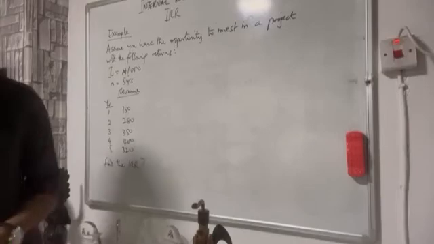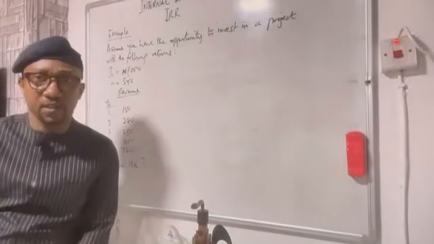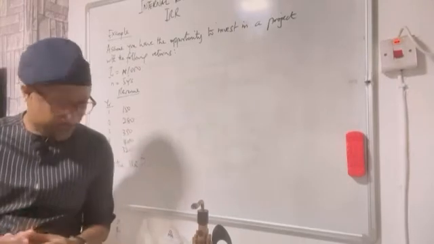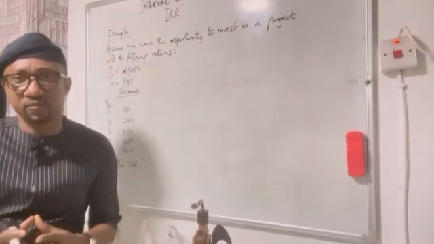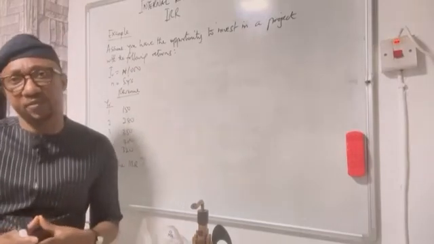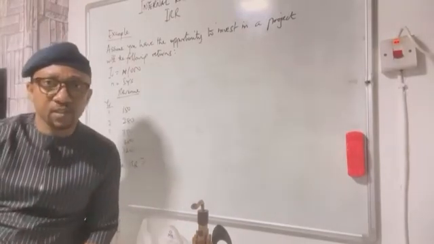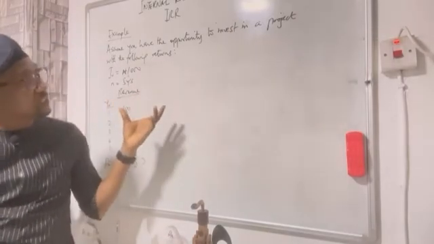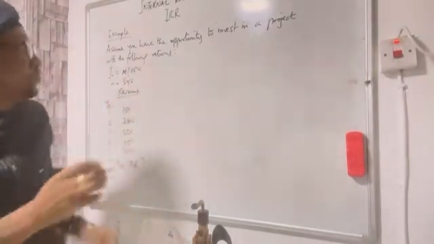Like we said before, the technique for determining the internal rate of return is the same as the technique for calculating the NPV. In solving this, we'll be using the NPV method. So we will need to calculate two NPVs.